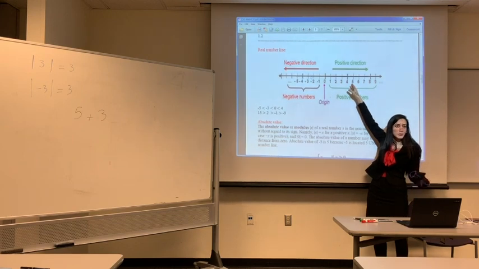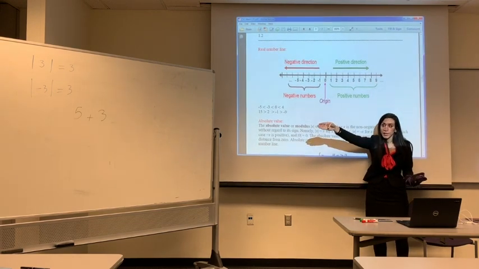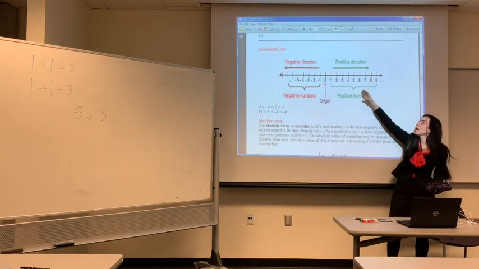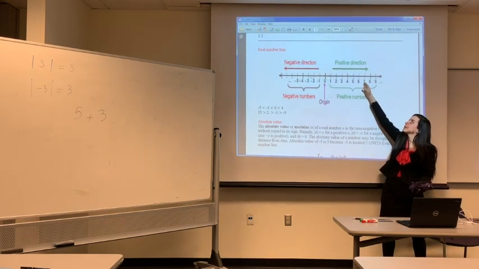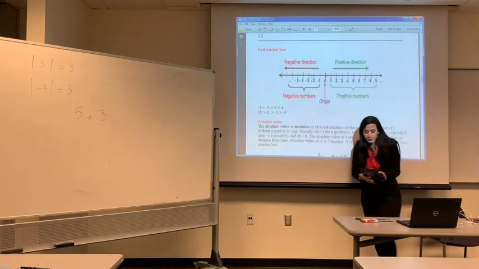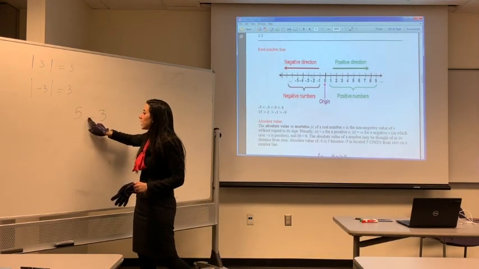And then how many units should I go forward? 3 units. Why am I going forward? Because it's positive, correct? I'm going in the positive direction. So add that: 5, 6, 7, 8. So that's the real definition of adding. Let's say I have 5 minus 3.